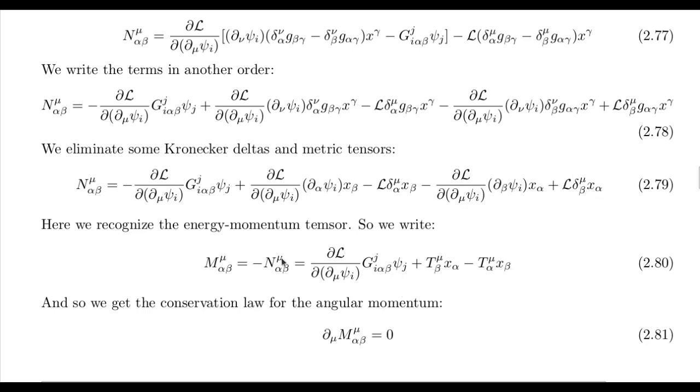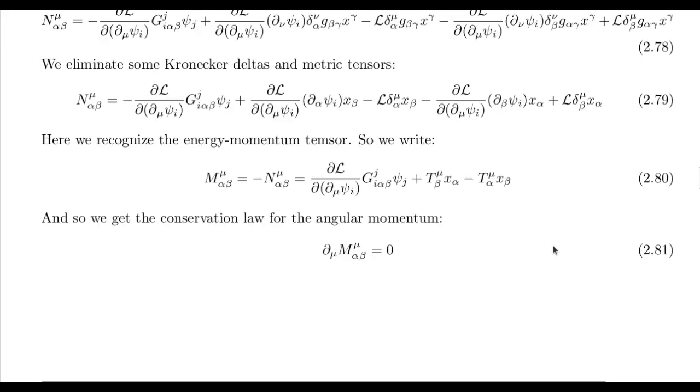And so we have here this first term with capital G here, plus this is a positive one, plus this energy momentum tensor multiplied by x, and here the other one.